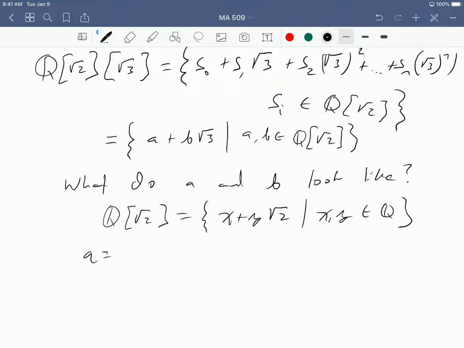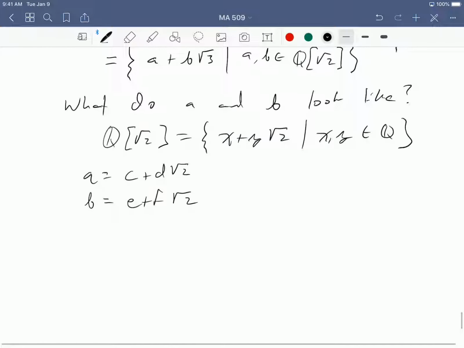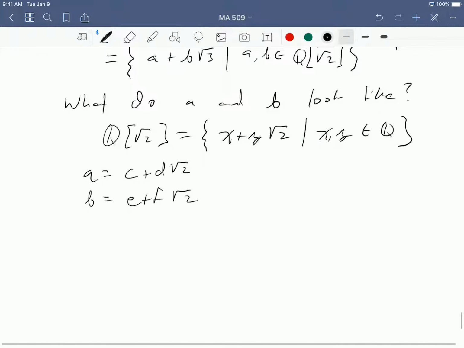A is maybe c plus d root 2, and B is some e plus f root 2. So if we think about our A plus B root 3, what that looks like is c plus d root 2 plus an e plus f root 2 times root 3.